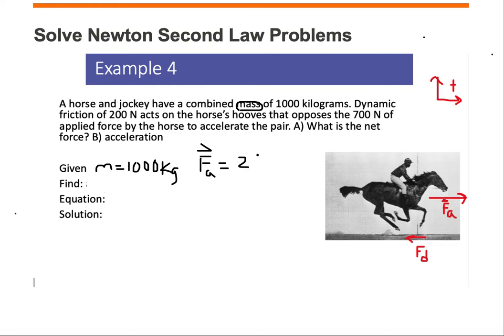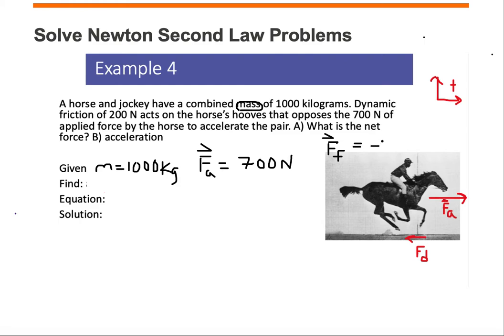That's 700 newtons. And then we have the opposite direction, which is the friction. Friction always acts in the opposite direction. So we have the force due to friction. Friction always acts in the opposite direction of motion.